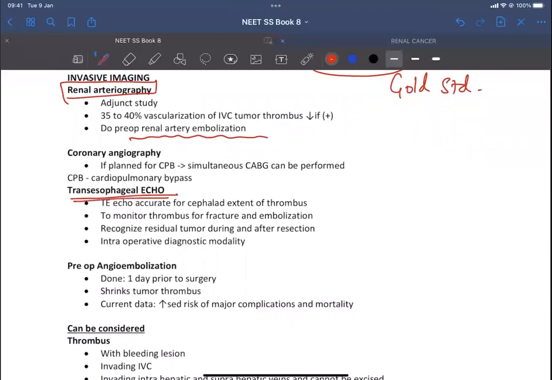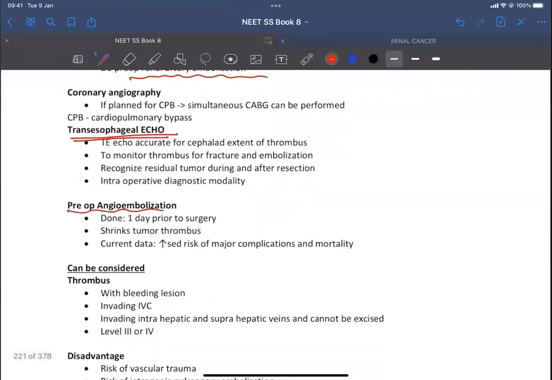Transesophageal echo is useful mainly for intraoperative monitoring of the thrombus, but also to diagnose the extent of the thrombus. Preoperative angioembolization, we used to do this before, as it was thought to reduce the size of the tumor thrombus, but it increases the risk of complications. So we generally tend not to do that.